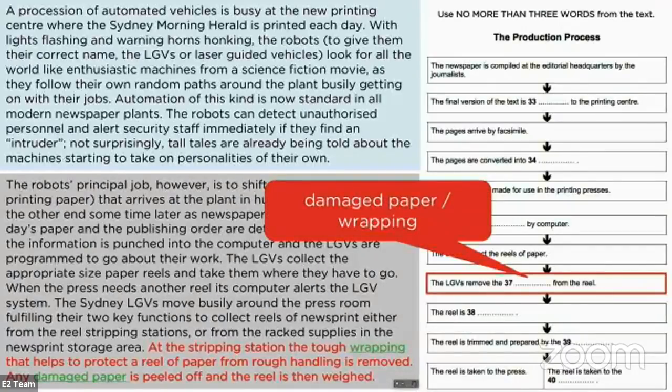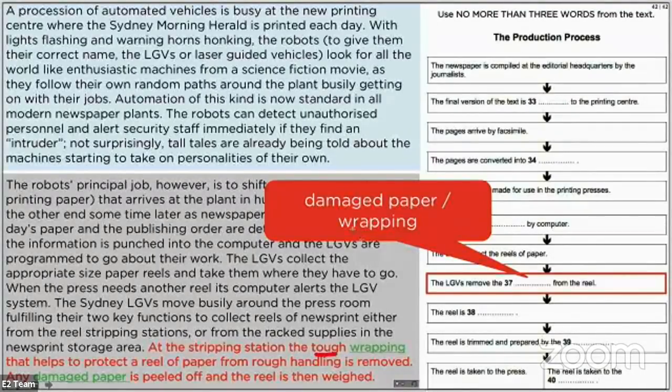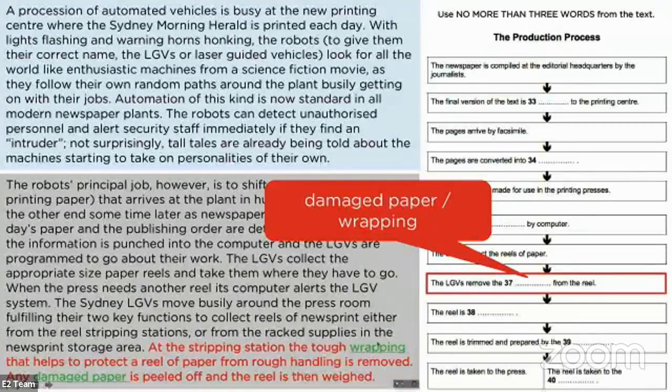Okay, the answer here could be damaged paper or wrapping. I also think it could be tough wrapping. I don't see why. It could also be, could be in brackets here, tough wrapping as well, I think. Damaged paper, tough wrapping, or just wrapping. So there's actually two possible answers from this paragraph there.